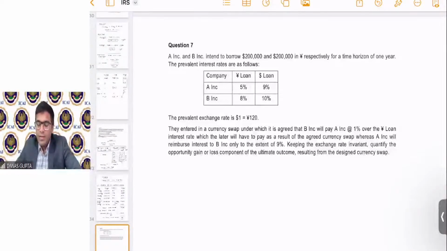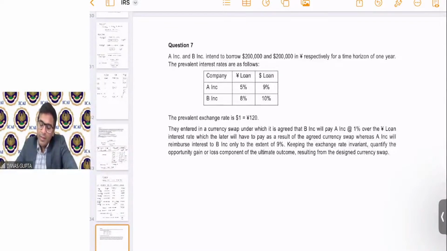The prevalent interest rates are as follows. They have given us for company A and company B both. If they borrow in yen, what is the interest rate? If they borrow in dollars, what is the interest rate? They have given us. The prevalent exchange rate is $1 equal to yen 120.